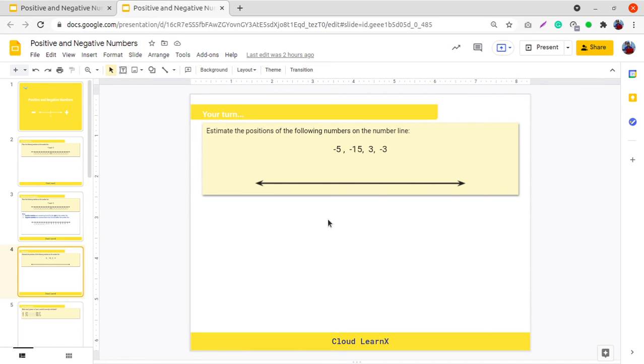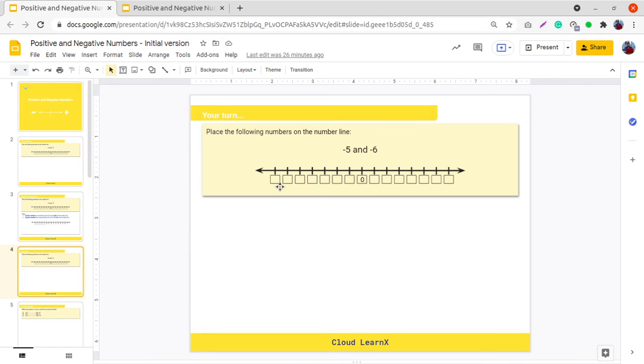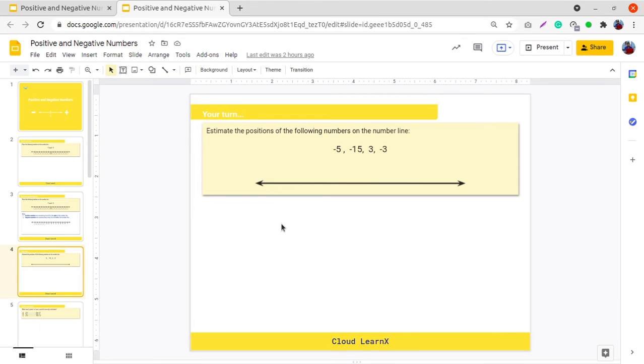And if you notice, the number line I've given the student, I haven't given these boxes, I haven't marked 0, I haven't given those segments marked. I decided to remove that so that I could challenge the pupil.